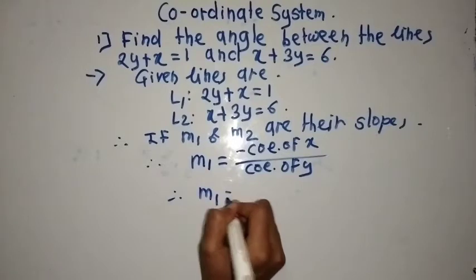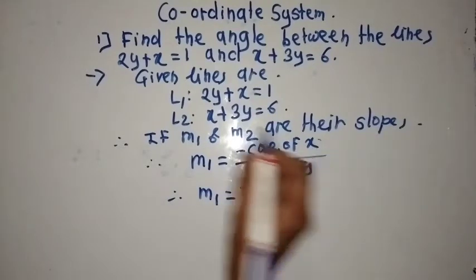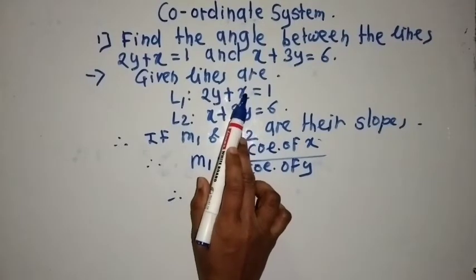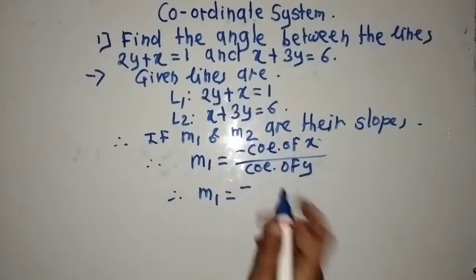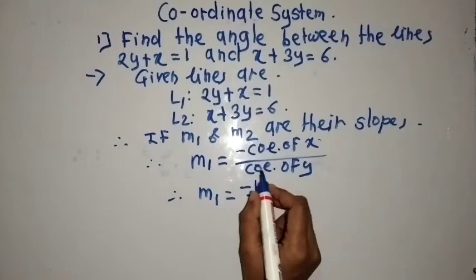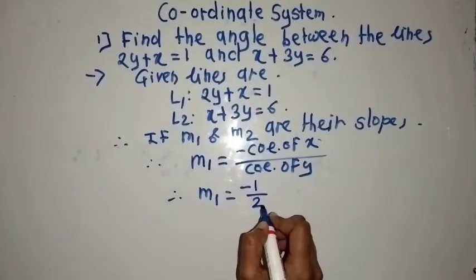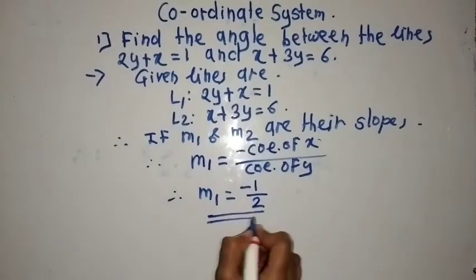Hence M1 is equal to minus coefficient of x upon coefficient of y. Here the coefficient of x is 1 and the coefficient of y is 2, so M1 is minus 1 by 2.